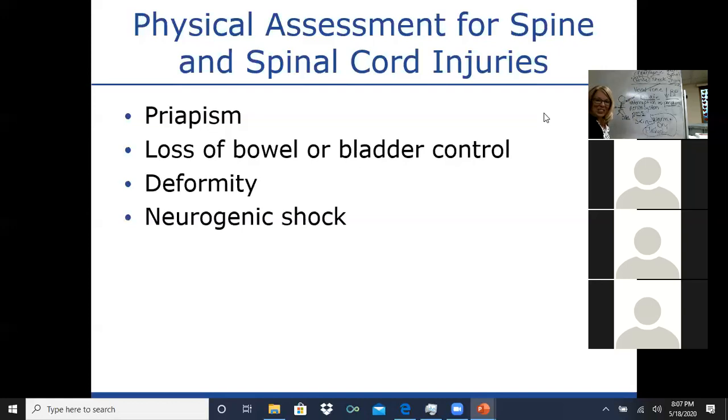So what is so crazy about neurogenic shock and spinal injuries is if the injury is high, it affects the whole body. We see the vasodilation of all the vessels. The body is warm to the touch. It's pink to red, and flushed. If the injury is lower than that, from that point down, if the nerves are affected totally, then it cuts off at whatever point the injury is at and below.